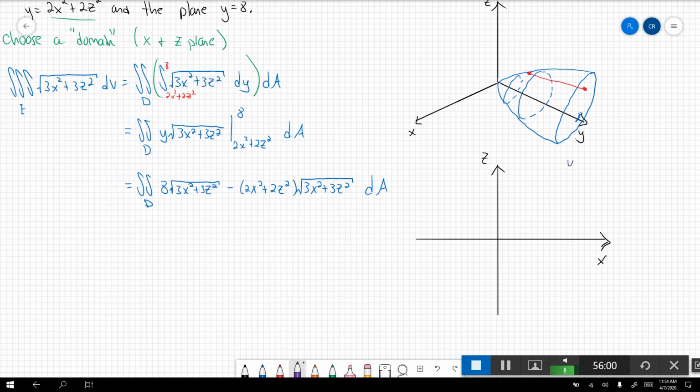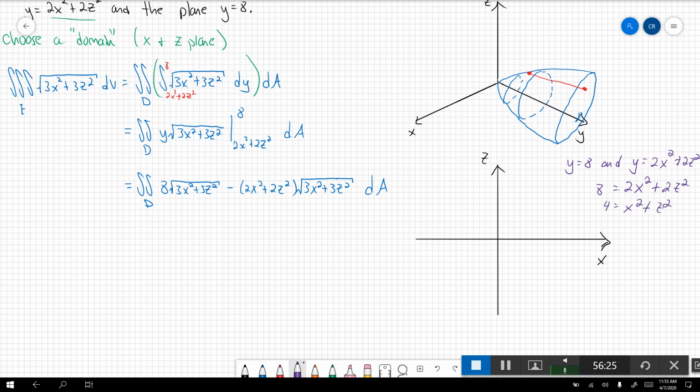So I'm going to say y is equal to 8 and y is equal to 2x squared plus 2z squared. Setting both of these equal to one another, we see something occur. What is it that occurs?